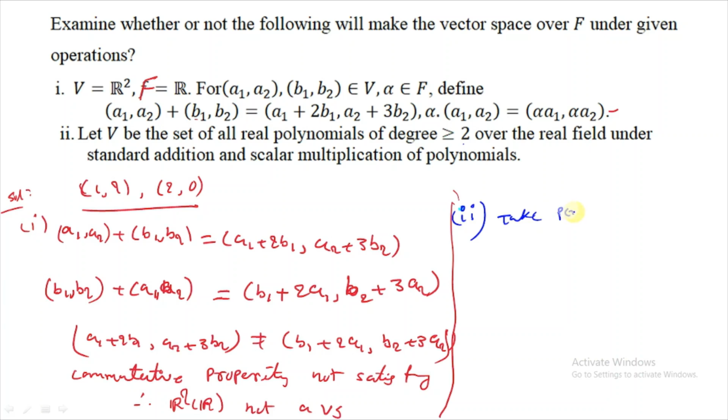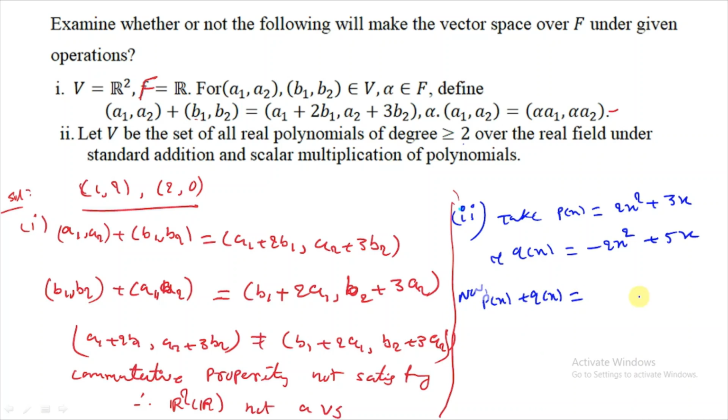Take P of x equal to 2x square plus 3x, and Q of x equal to minus 2x square plus 5x. Now take vector addition, P of x plus Q of x.